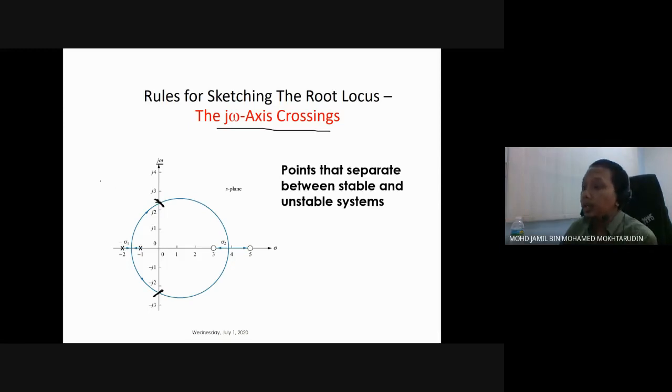You know already that the poles of a stable system lie on the left hand side of the S plane, and an unstable system is when the poles lie on the right hand side. On the JW axis, the system is marginally stable.